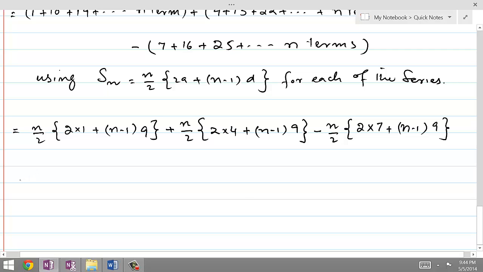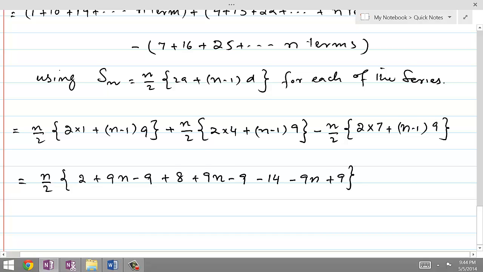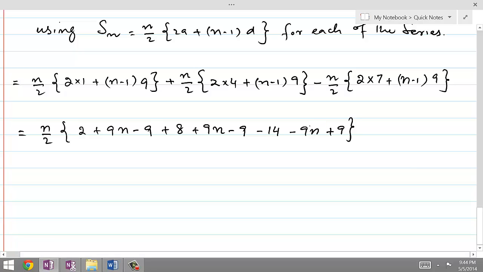And now if we take n by 2 common from all 3 of them, what we are left with inside is 2 times 1 is 2 plus 9n minus 9, n by 2 has gone common, plus 8 plus 9n minus 9. And this time minus is outside, so inside signs will change. This will be minus 14 minus 9n plus 9, and this way we can cancel out this minus 9 and plus 9.